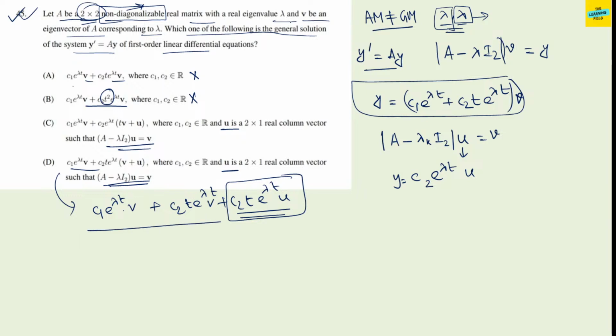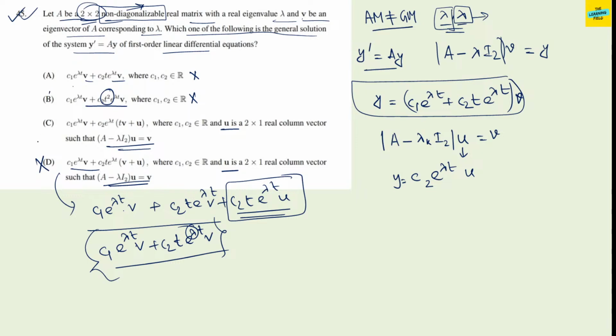First, it is given that V is an eigenvector. Therefore, we can obviously write C1 e to the power lambda t into V plus C2 t e to the power lambda t into V. This is the correct way to write the solution if V is the eigenvector corresponding to the repeated eigenvalue lambda. Therefore, we can also discard option D.